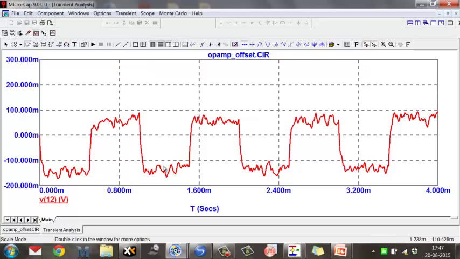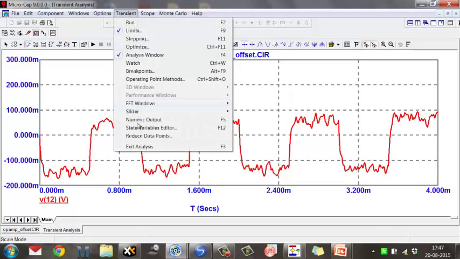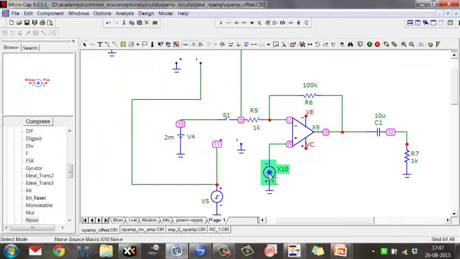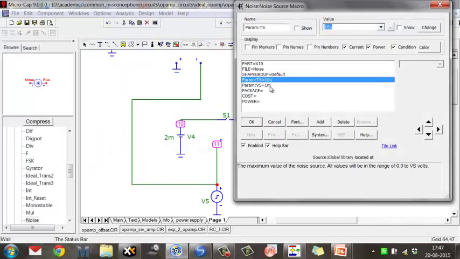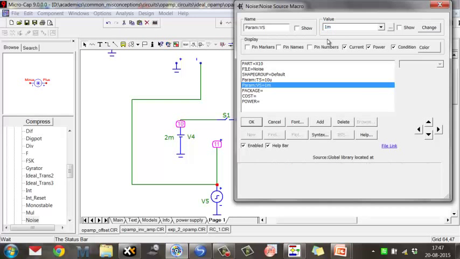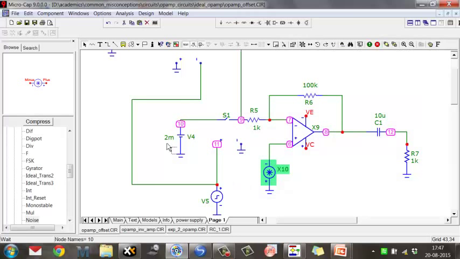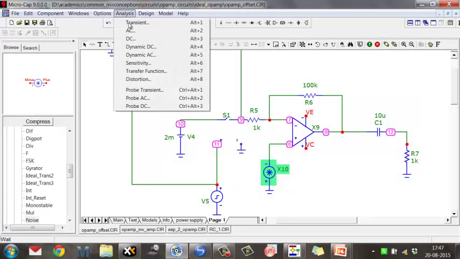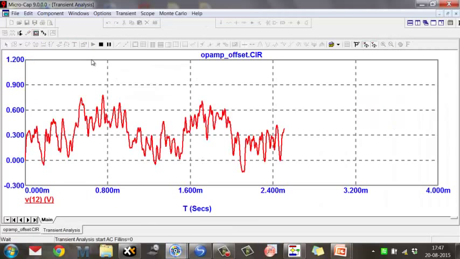So now, we were using this value to infer what my signal is. Now my signal is noisy, right? So let me add more noise here to make it more interesting. Let me add 10 millivolt, just to exaggerate the effect. Now analysis, transient. Let's run.